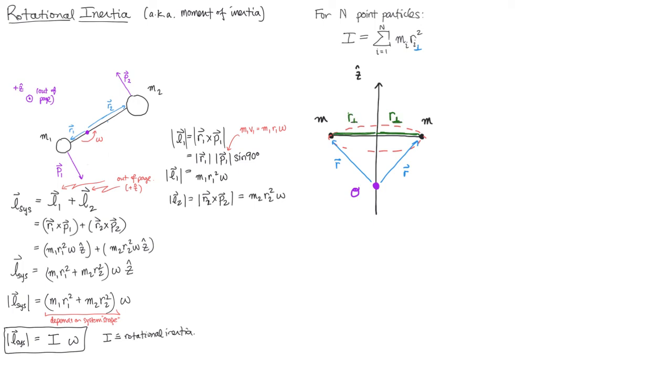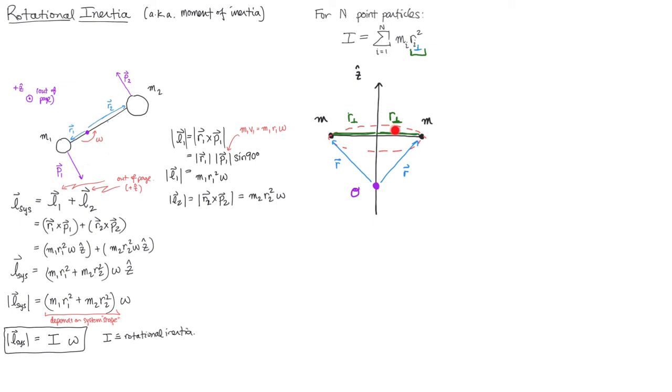So that's the shortest distance between that point and the line of rotation. That's the r perpendicular. That's what we mean in this equation up above, right here. In other words, r_i perpendicular is not the magnitude of the position vector in general. It is the closest distance between the mass and the rotation axis.